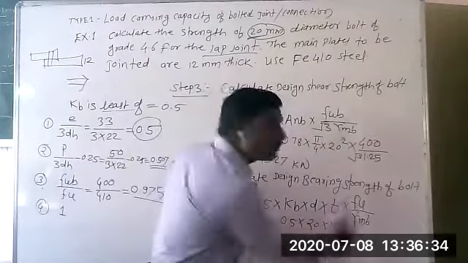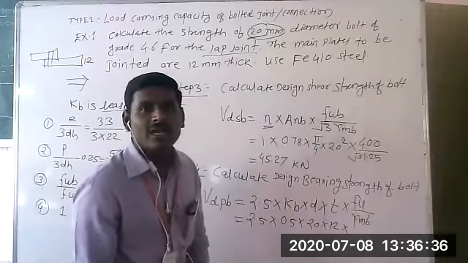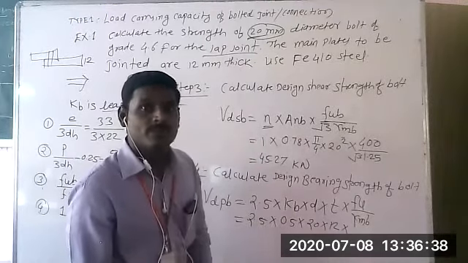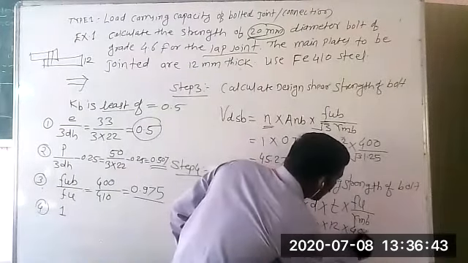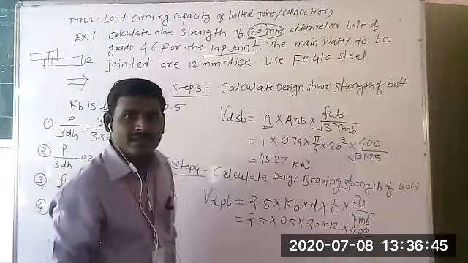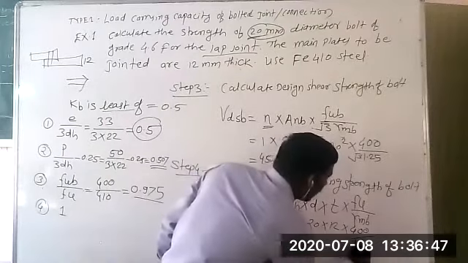Now FU. What is FU? The ultimate tensile strength of the steel. FU divided by gamma MB is 1.25.